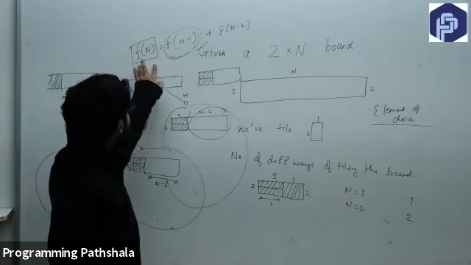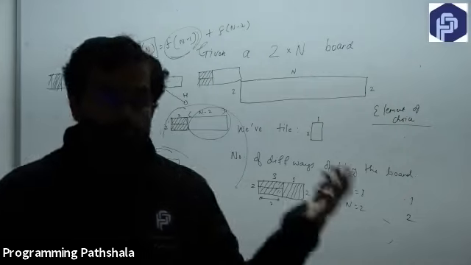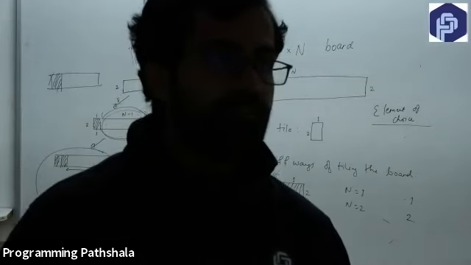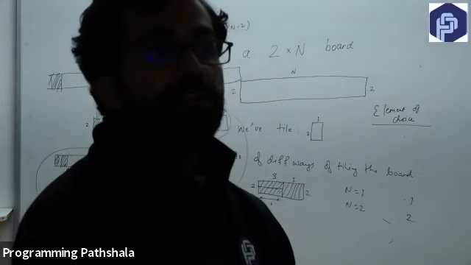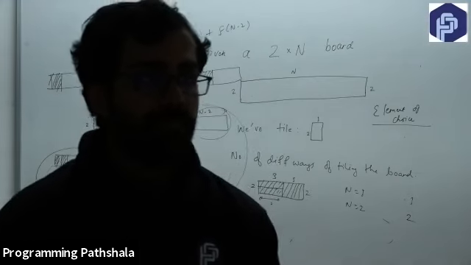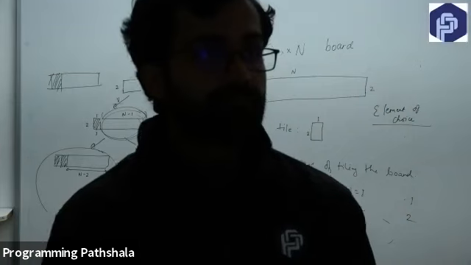So whatever value gets stored in f of n, or whatever your function call to func of n returns, that is the total number of ways for func of n. That depends upon func of n minus 1 and func of n minus 2. That is the only thing. Is that clear? Yes, no, anyone having any doubt?